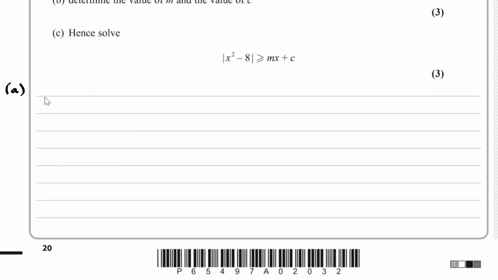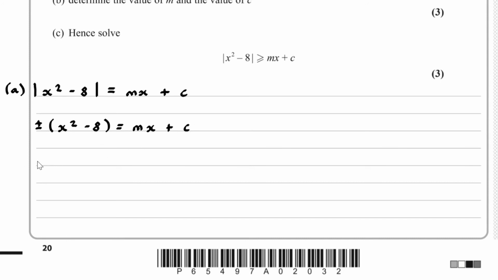So, for part a, we've got mod of x squared minus 8 equals mx plus c. So we've got plus or minus (x squared minus 8) equals mx plus c.